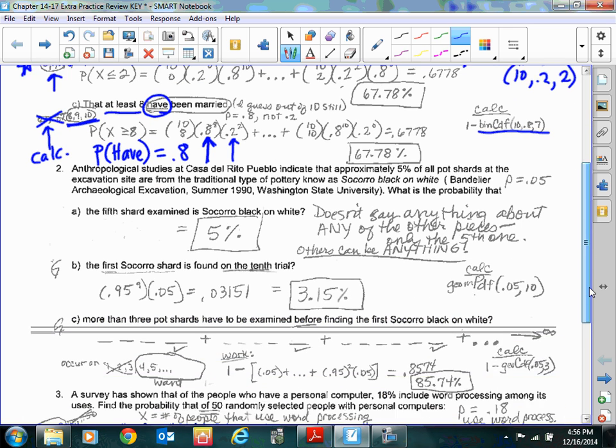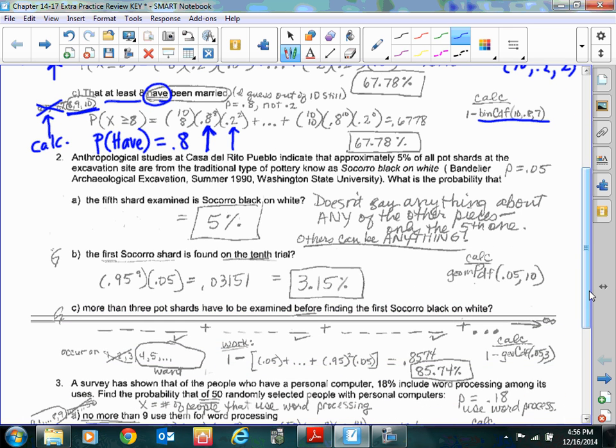That's 67.75. Now, I'll tell you number 2A got me this afternoon when I was looking at that one again, because it just says what happens on the 5th shard that was examined. It does not say anything about the previous 4. So that to me was kind of a trick question. It doesn't say the first time you find one is the 5th one.